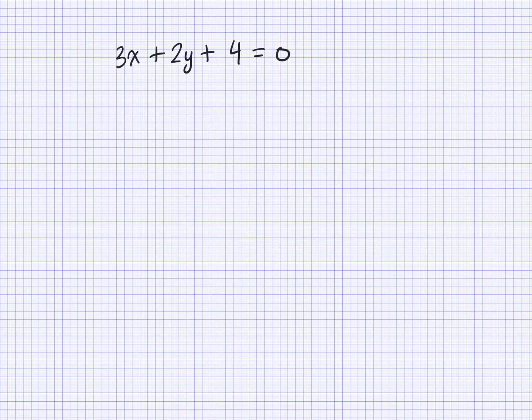We want to get this into slope-intercept form. Y equals something. So we have 2y. We leave that on the left side. And what happens to everything else when we move it to the right side of the equation? Opposite signs. So this is positive, it becomes negative.